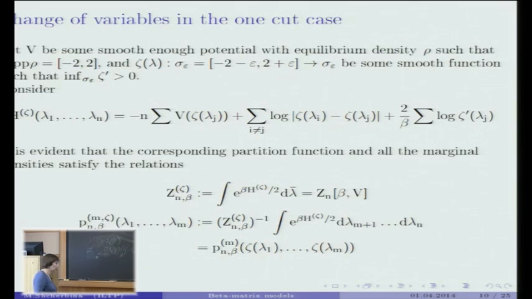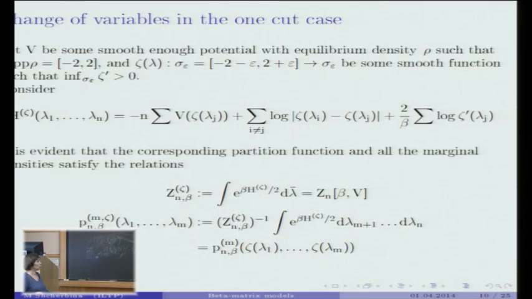And what I did, I did not consider this case of 1 plus something small, but I considered a general type of transformation, any possible smooth transformation of the interval sigma epsilon to sigma epsilon, such that the derivative is positive.